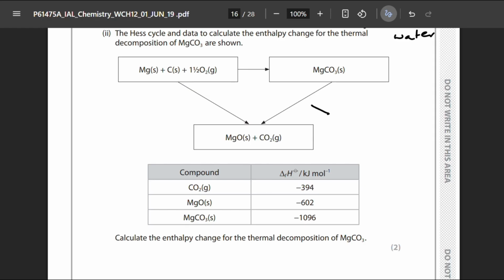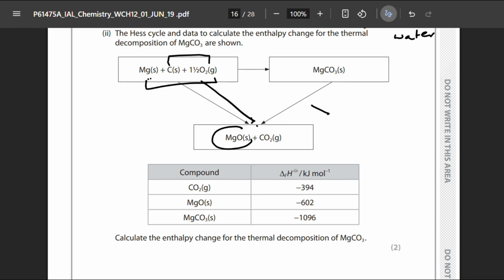We have given you the equation of the decomposition of magnesium carbonate, and we have also given you the equations of formation of magnesium oxide by reaction of magnesium and oxygen, and of carbon dioxide by the reaction of carbon and oxygen.